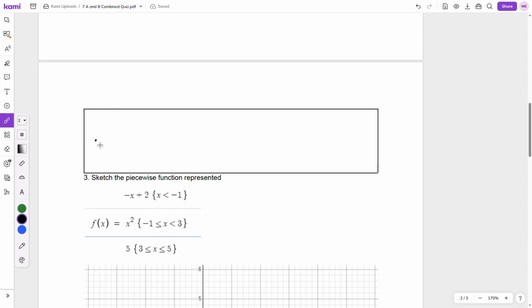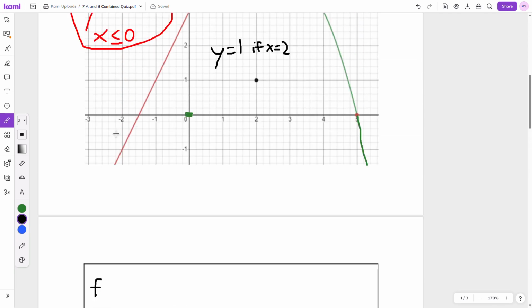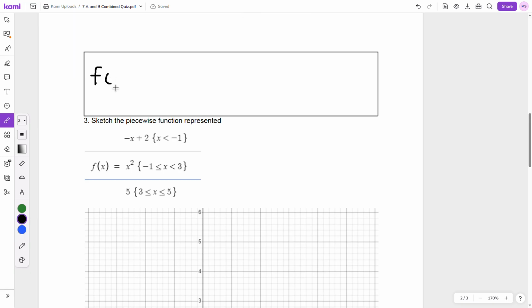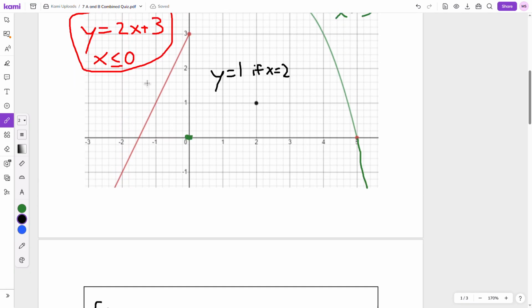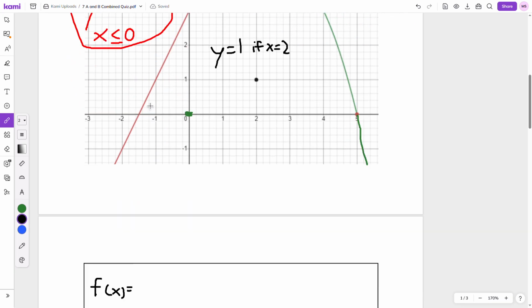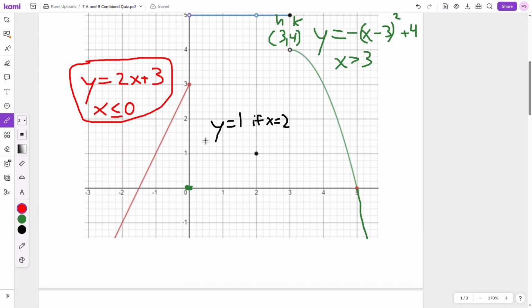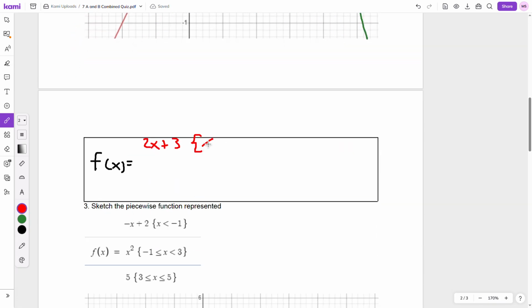So we can say f of x equals, let's start with the red one, 2x plus 3 if x less than or equal to 0.